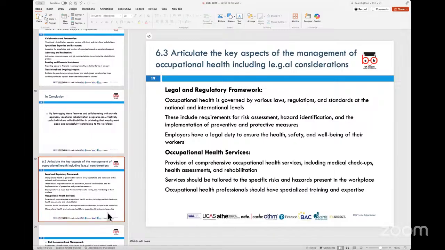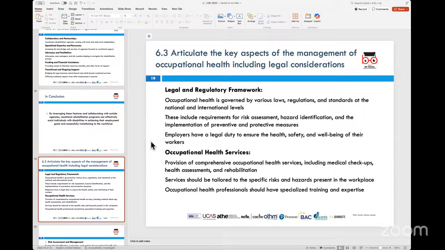Now we go into the third assessment criteria. So the third one talks about articulating the key aspects of management in terms of legal considerations. Now here we know that we have looked at bits and pieces related to the support which is required in terms of rehabilitation and the role of outside agencies.